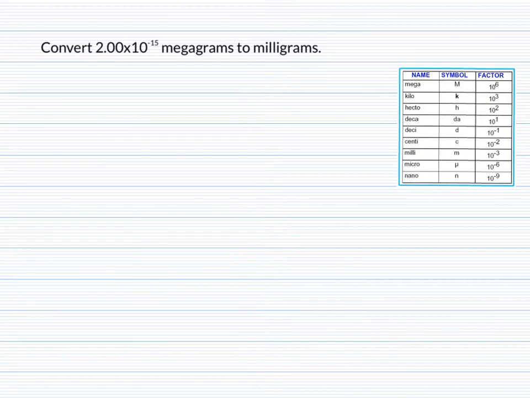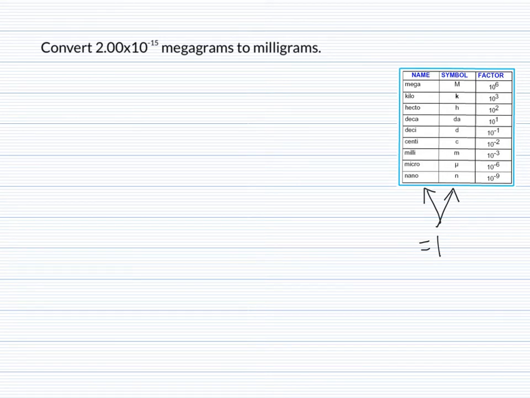So looking at our prefixes, these values, whenever we're using dimensional analysis, are always going to be equal to 1. So we're looking at 1 megagram, 1 kilogram, 1 hectogram, etc., going all the way through.